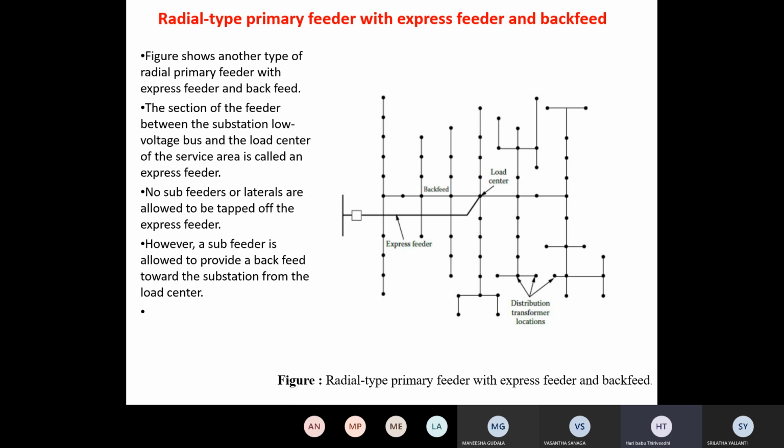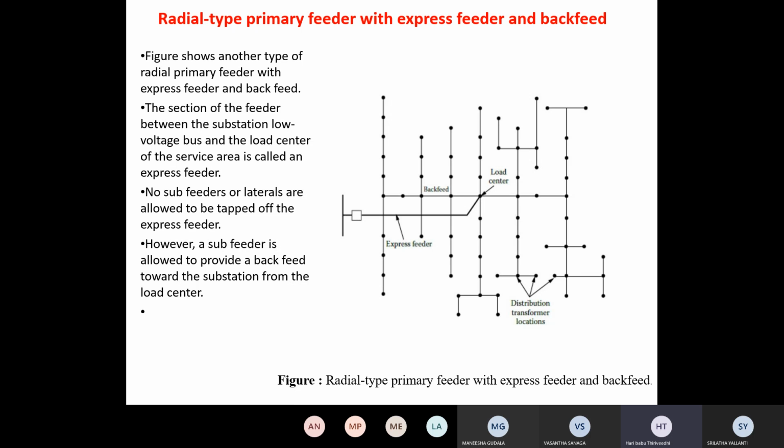I think in the examination, they ask to define express feeder for 2 marks. The feeder located between the substation low voltage bus and the load center of the service area is called express feeder. From the express feeder there are no tappings, no extra feeder, only a single feeder is there, right?